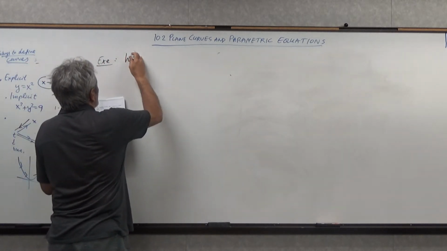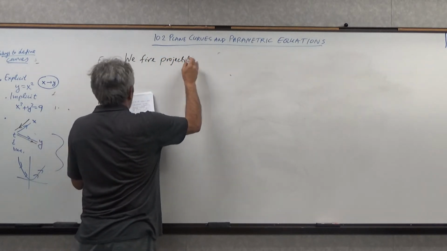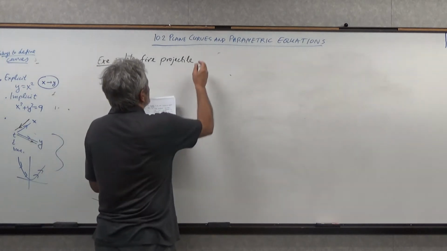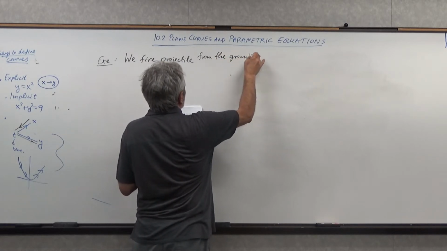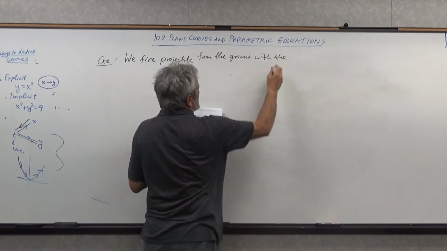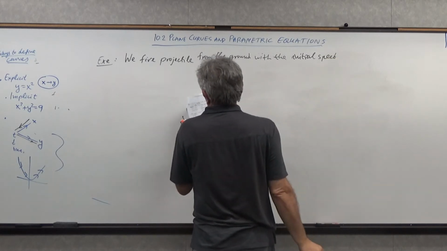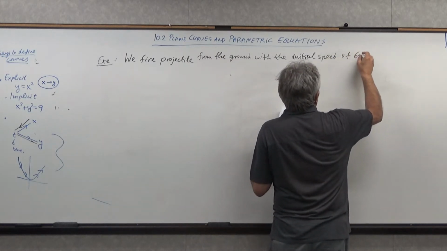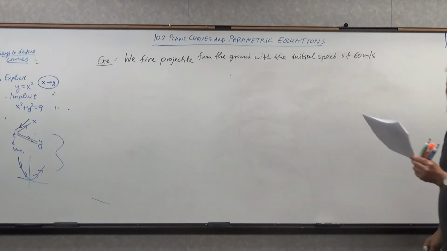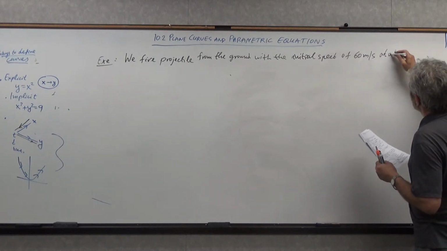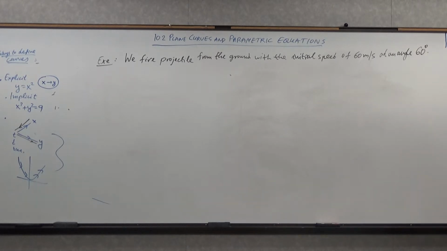We fire a projectile from the ground with the initial speed of 60 meters per second at an angle of 60 degrees, which is pi over 3, of course.